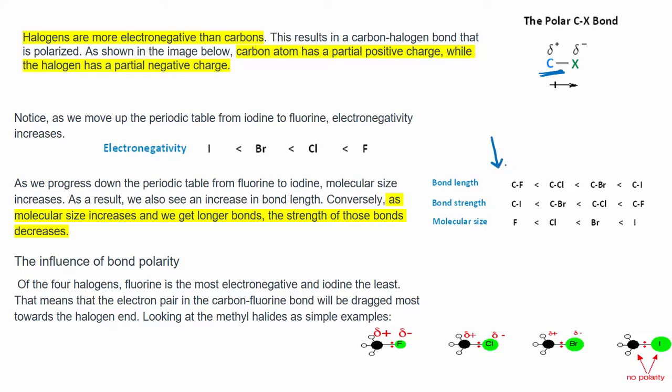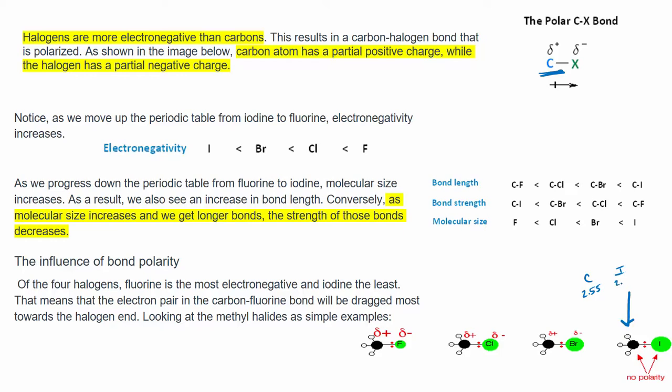Now, the bond polarity is important as we react. So the carbon-iodine bond is actually not a polar bond. The electronegativity, if I remember correctly, of carbon is 2.55 and the electronegativity of iodine is 2.66.